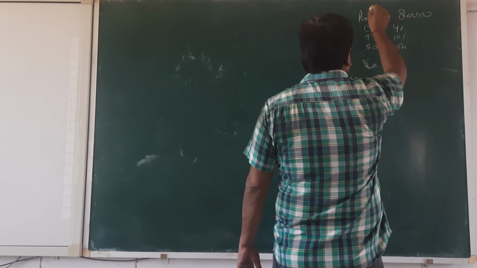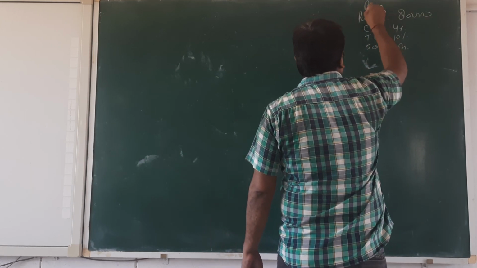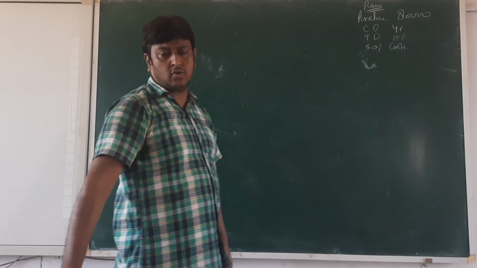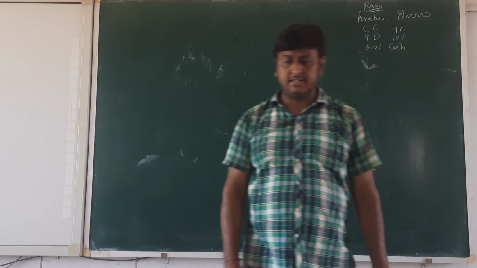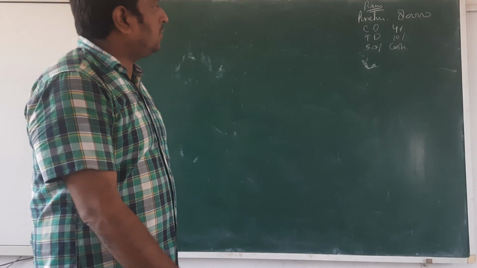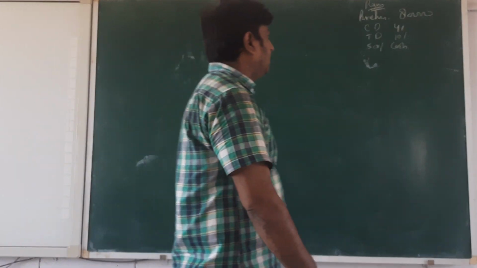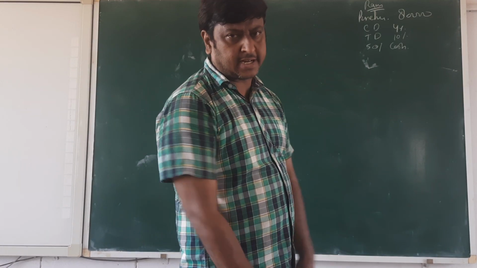And this purchase is from Ram. How are we going to treat this entry? Okay beta, from Ram we are going to purchase. Trade discount 10%, cash discount 4%, 50% money paid in cash.